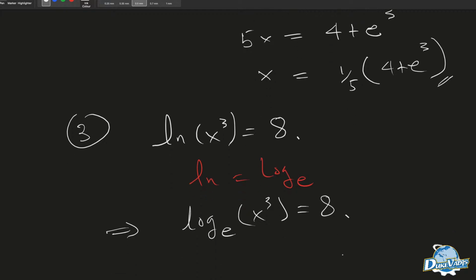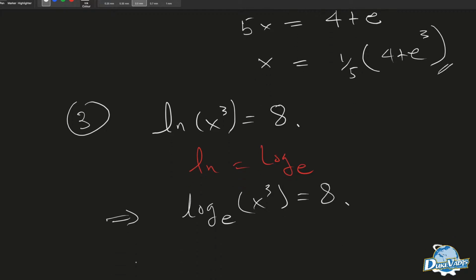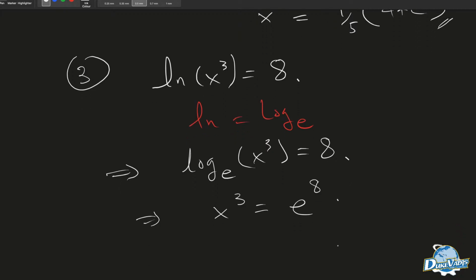We know that this can be written as s cubed is equal to e raised to the power 8. So how do we find our x? Our x will be the cube root of e raised to the power 8. This is the value of x.